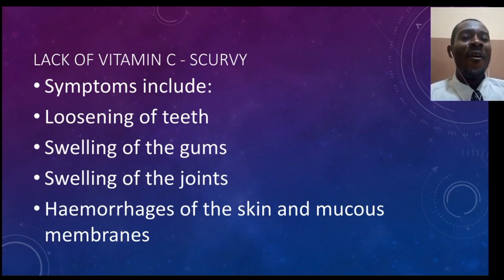Scurvy. What are the symptoms of scurvy? The symptoms include loosening of the teeth. Loosening, the teeth become loose. Any little pressure on the teeth, it will make them fall off because they are very weak as a result of lack of vitamin C.